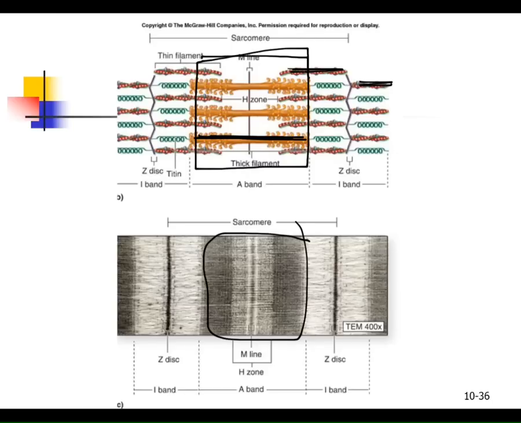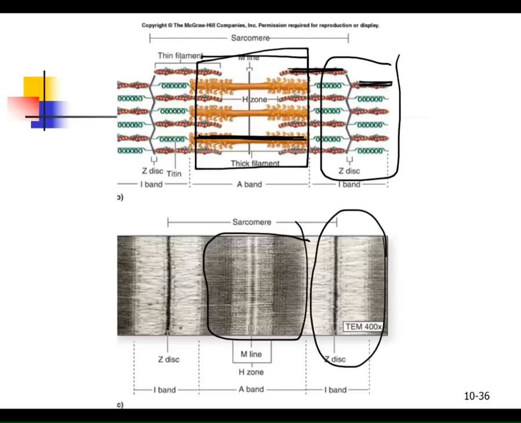It's a thicker protein. Wherever I only see my actins over here, they're thinner, there's not as much to them, and so I have lighter bands. So what I'm seeing when I look at striations of skeletal muscle under the microscope, I'm seeing an alternating light and dark pattern based upon the overlapping actin and myosin myofilaments.